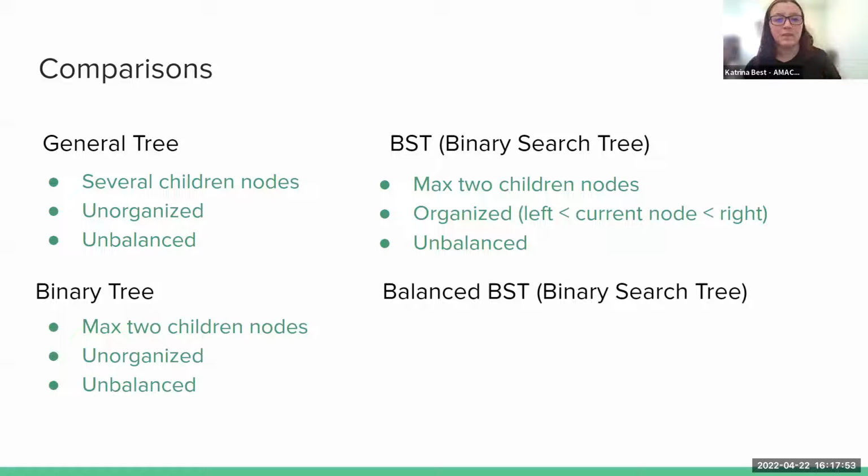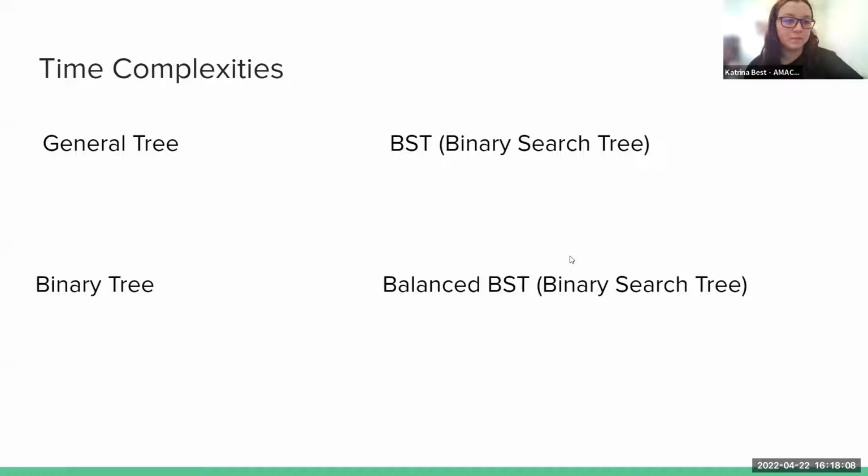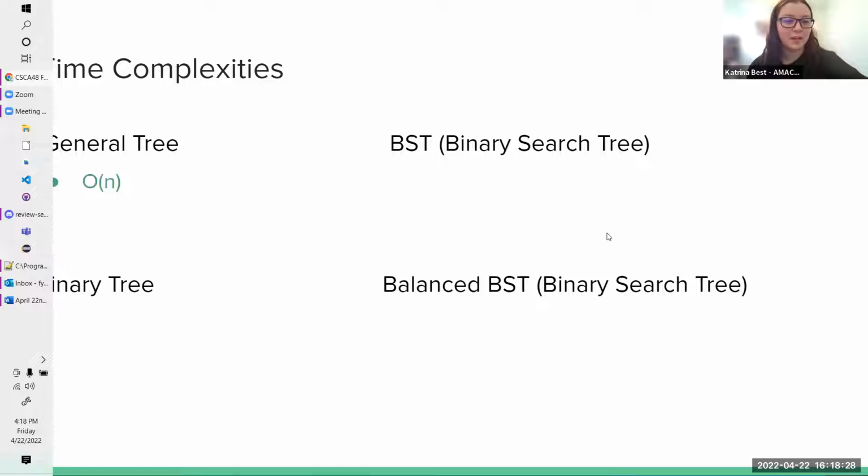But the time complexity will be O(n), continuing all the way down. For a balanced BST, the height is log n. We'll go through a balanced tree after this slide, and I'll show you the difference between the two. I think for the BST I wrote this one incorrectly, but for general tree, it's going to be O(n) in the worst case scenario. Can anybody guess for binary tree as well?